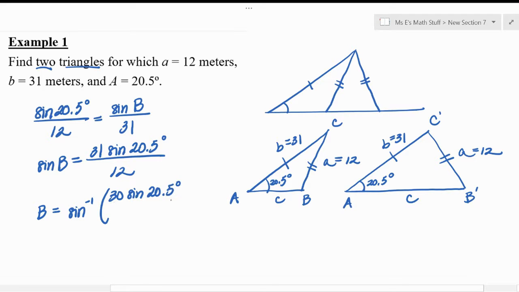Now, as pre-cal students, you want to make sure that even if you have a pretty complex expression like this, you can enter it all into your calculator without having to stop and copy decimals down and repunch them into your calculator. There are different ways to do it. For me, I start with 31 times sine of 20.5, making sure you're in degrees mode with your calculator. And then I subtotal it and then divide it by 12.